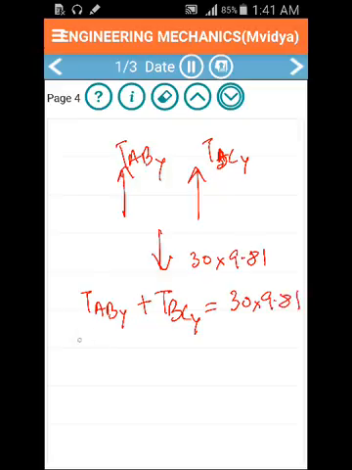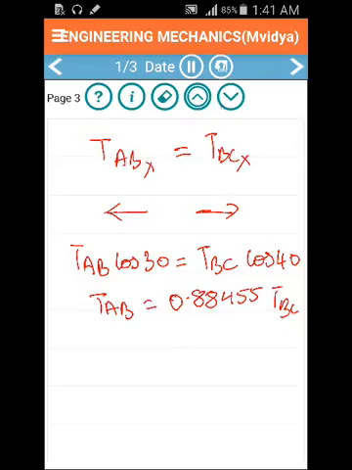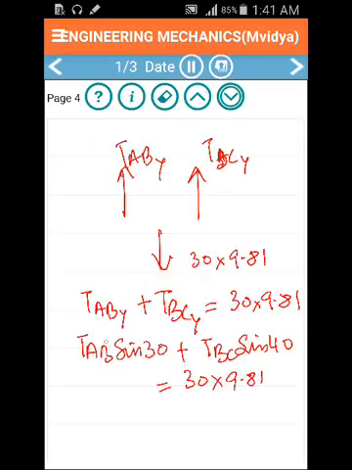So I'll write TAB sin 30 plus TBC sin 40 equals 30 into 9.81. I know TAB is 0.88455 TBC.